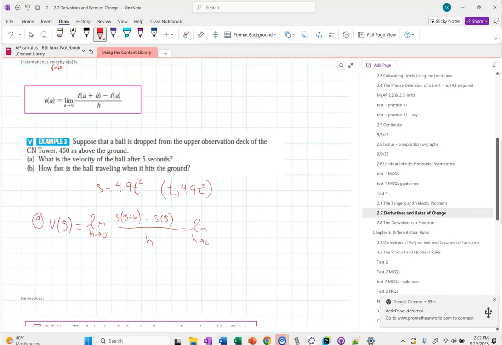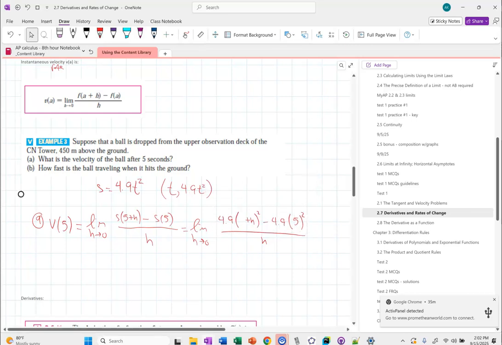So if I go ahead and plug stuff in, I'm going to have 4.9 times 5 plus h squared minus 4.9 times 5 squared over h. This is like t comma s of t, right? So s of 5 plus h is plugging 5 plus h in for t.